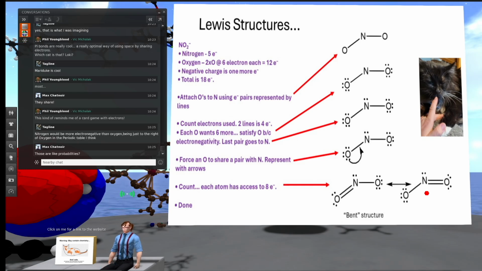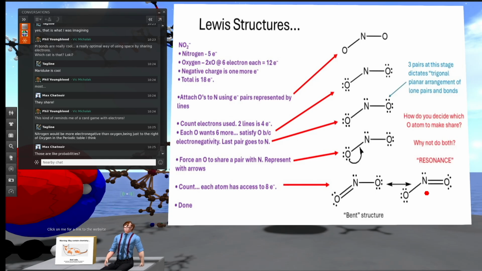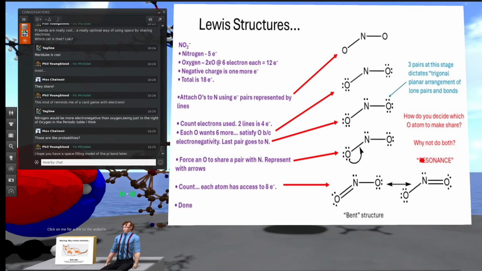But pi bonds tend to slide around a little more. So how do you decide which oxygen atom to make share? Why not both? We call this resonance.